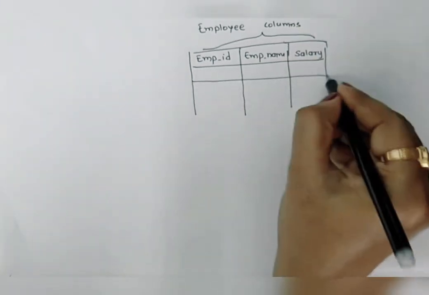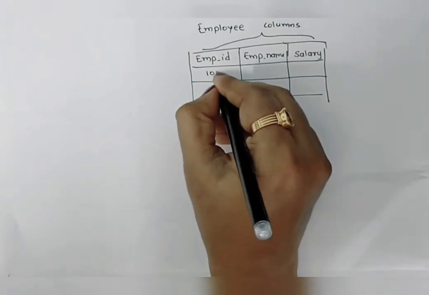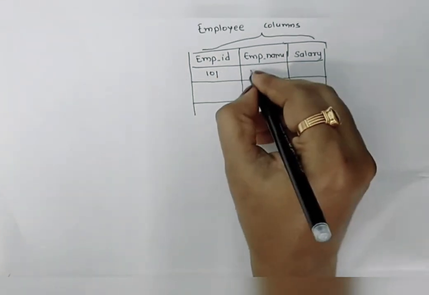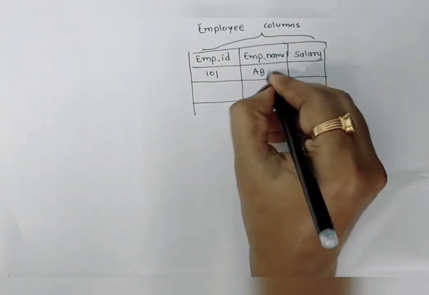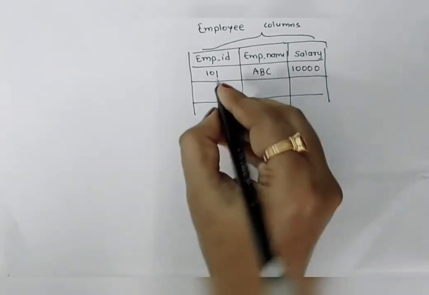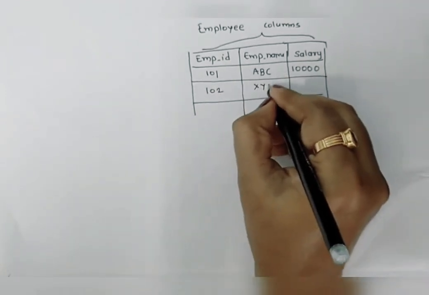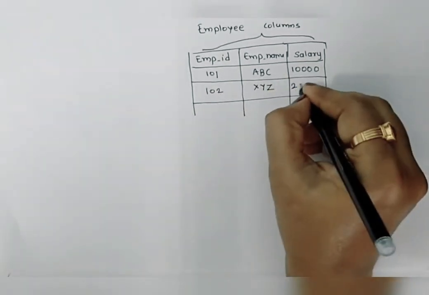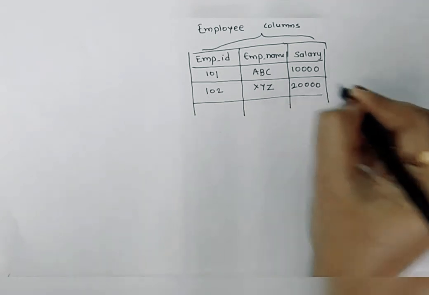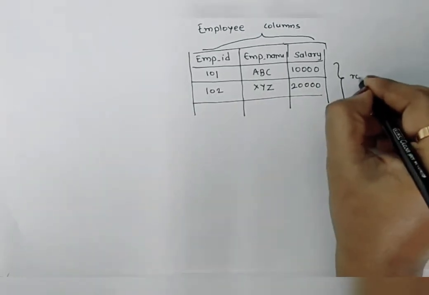Now we will enter employee data in this table. Suppose employee ID is 101, employee name is ABC, salary is 10,000. Employee ID is 102, employee name is XYZ, salary is 20,000. So these are nothing but the rows of the table.